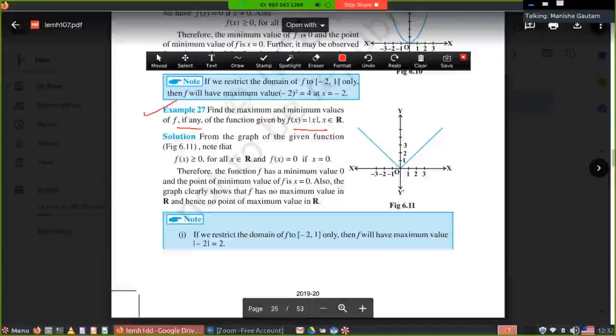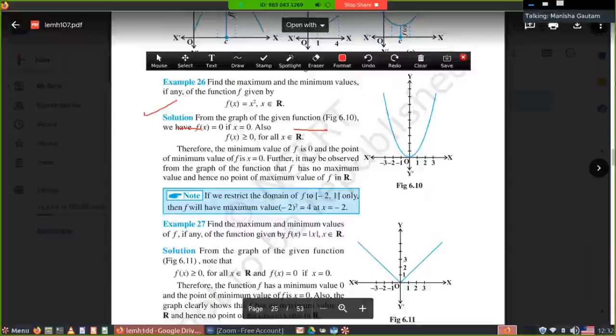Before I start this example, one note is there in the previous one, which is written: if we restrict the domain of the function to minus 2 to 1, we have to discuss it. If we restrict the domain from minus 2 to 1, a closed interval, from minus 1 to 1, closed interval.